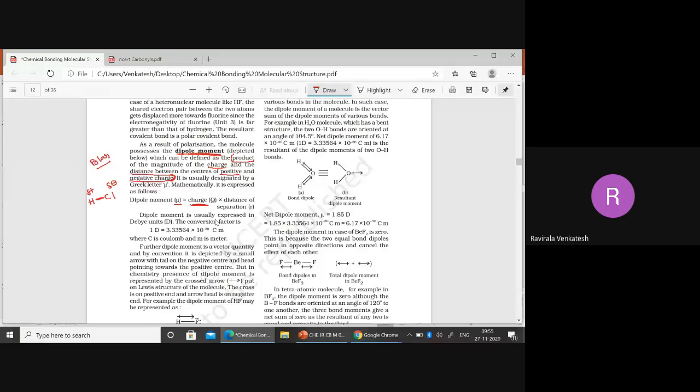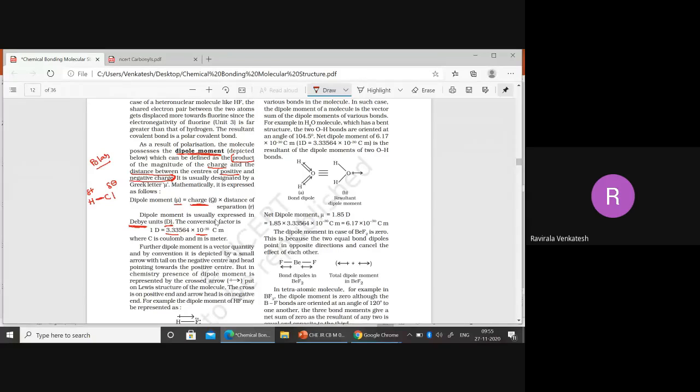Now generally the dipole moment is expressed in Debye units. It is useful for the MCQs here. What is the unit for the dipole moment? Debye. Debye is represented by capital D. Now 1 debye is equal to 3.33 into 10 to the power of minus 30. It is not centimeter, beta.